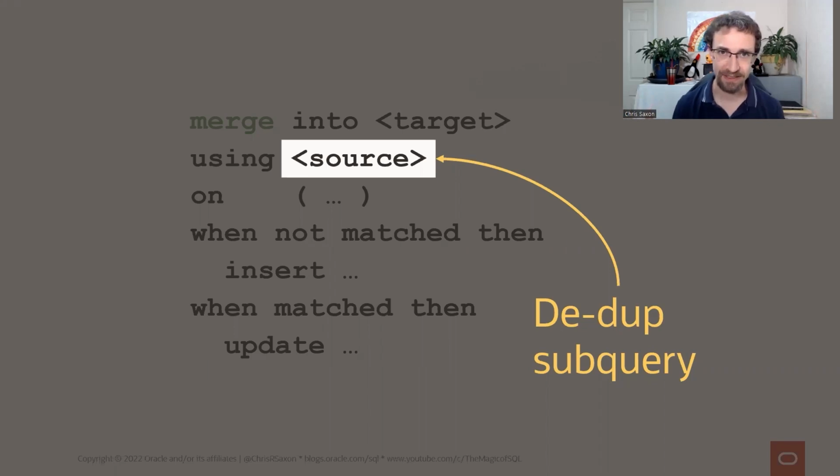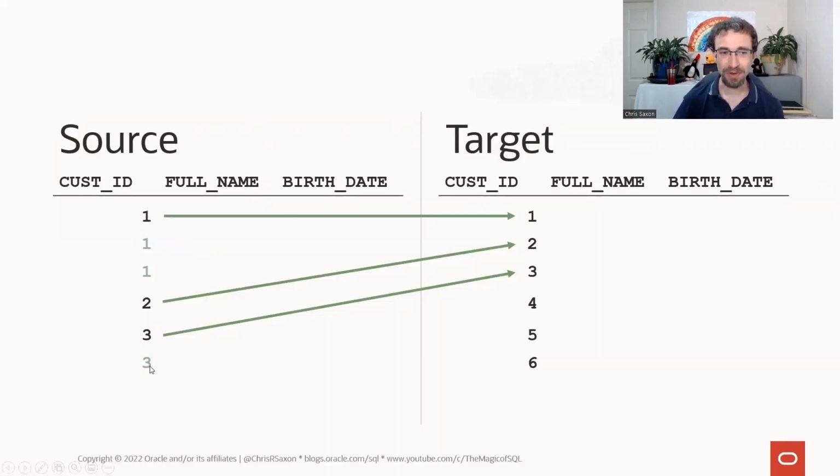There are various techniques you can use to do that. Exactly which you use depends on why you've got duplicates and what you want to do about it. Again, I'll show a demo of one way you might want to do this. So we can use a query here rather than just a table to deduplicate the rows and ignore these extra rows from the source, so we only update each row in the target once.